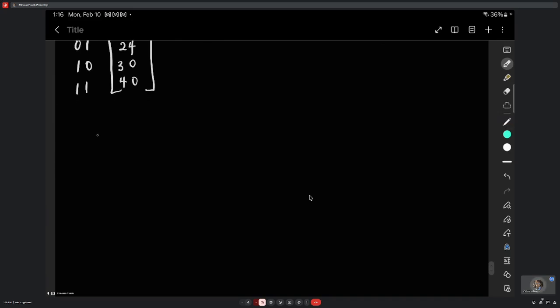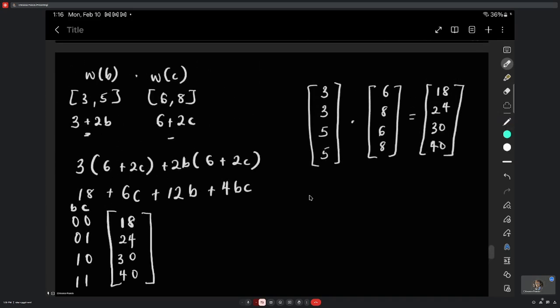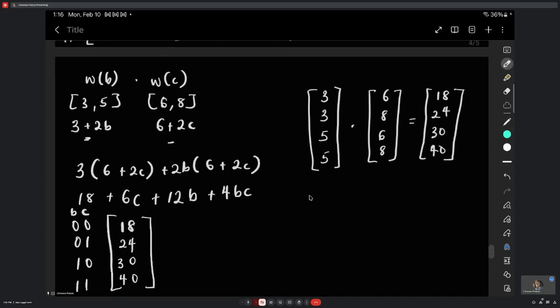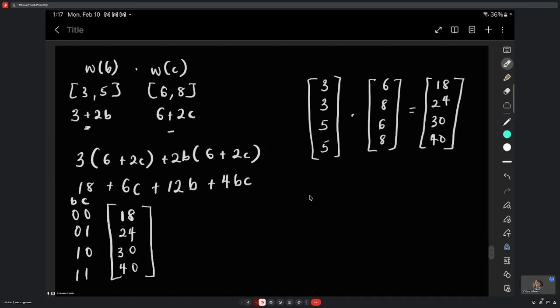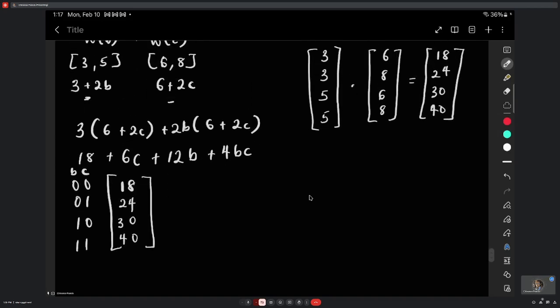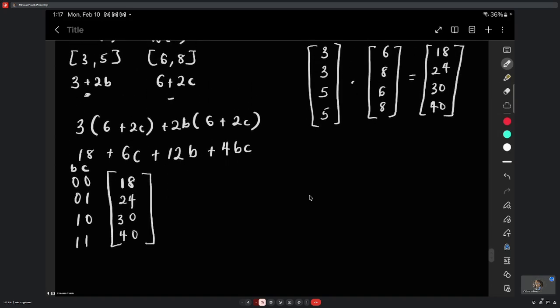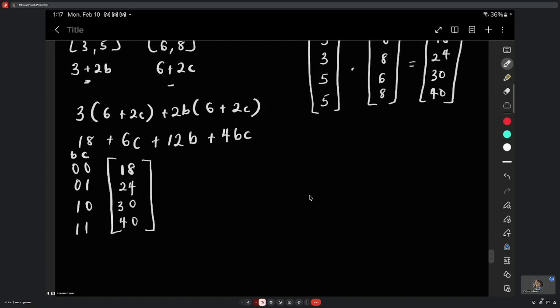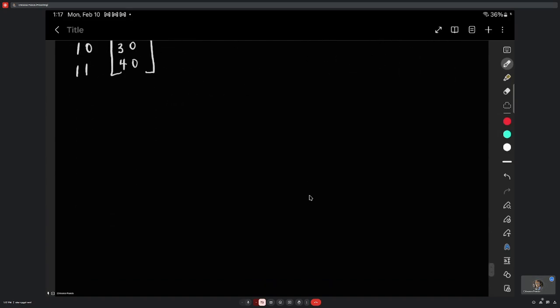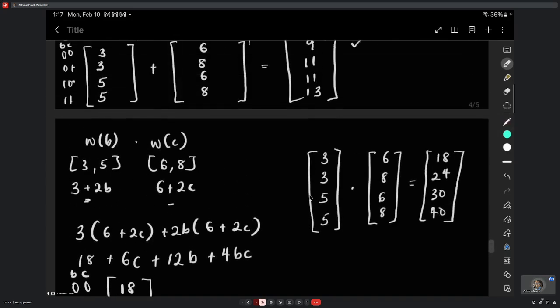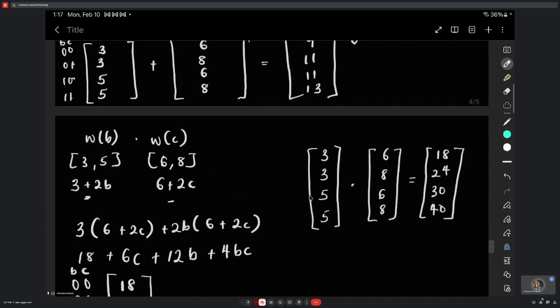Let's say 2 plus 3 plus 2AB, right? Okay, and then what is this other one? 6 plus 2C.